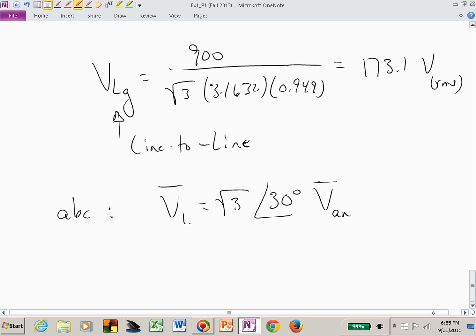But we can choose whatever we want for a phasor voltage. We could forget the angles and say that the magnitude of VAN is now V line's magnitude over the square root of 3.